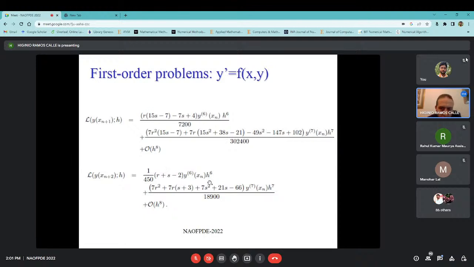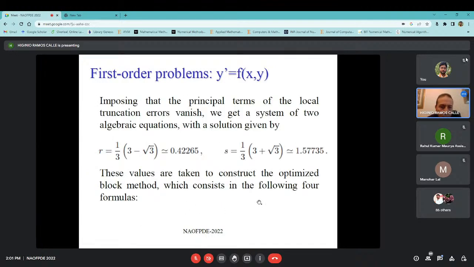So in fact, we have a power of 7 in the local truncation error.